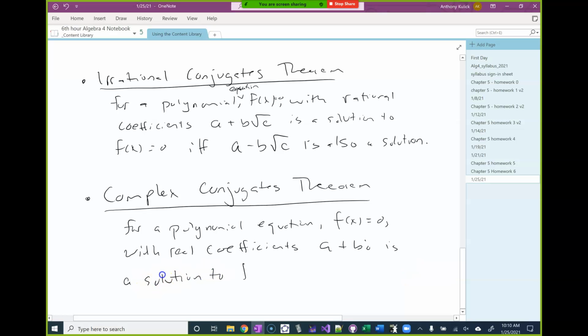And what this is saying then is that if you're getting an imaginary answer or an imaginary solution or imaginary root, that these also have to come in pairs. You can't just get a single imaginary answer. You have to get them in pairs. Which again, we saw when we solved quadratics first semester, right?